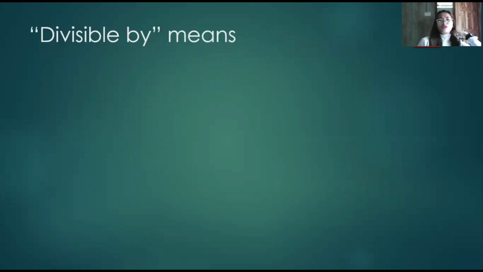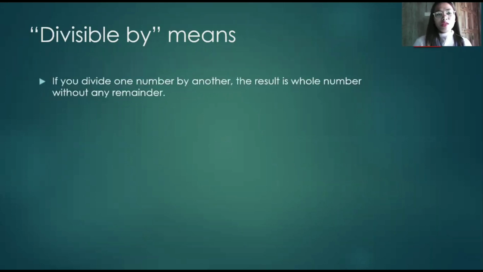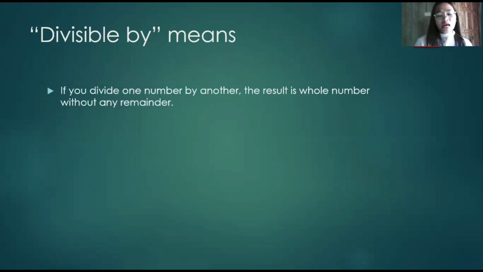So first, when we say divisible, what does divisible mean? Meaning to say, class, if you divide one number by another number, the result is a whole number without any remainder.